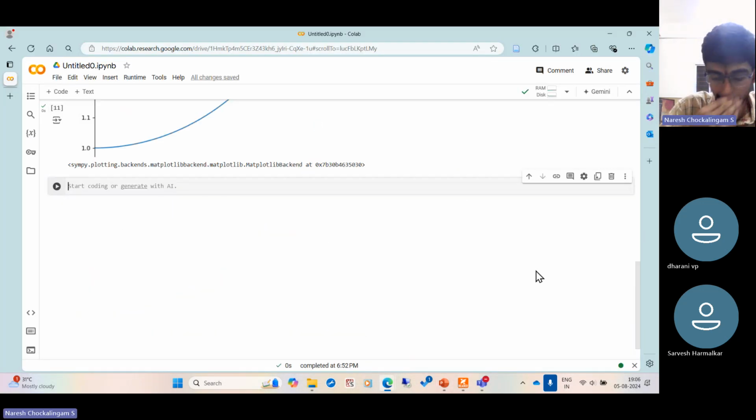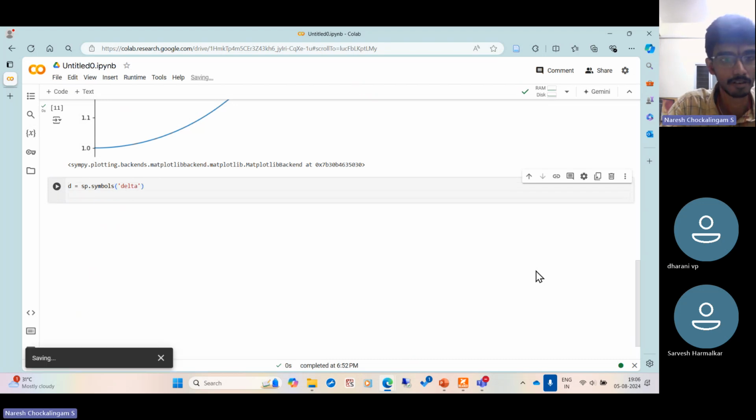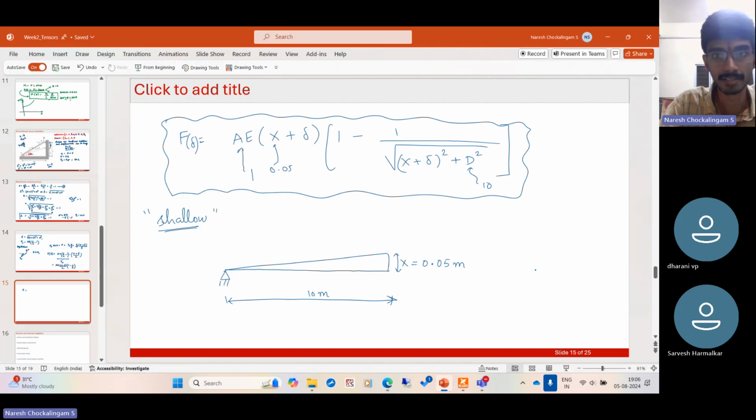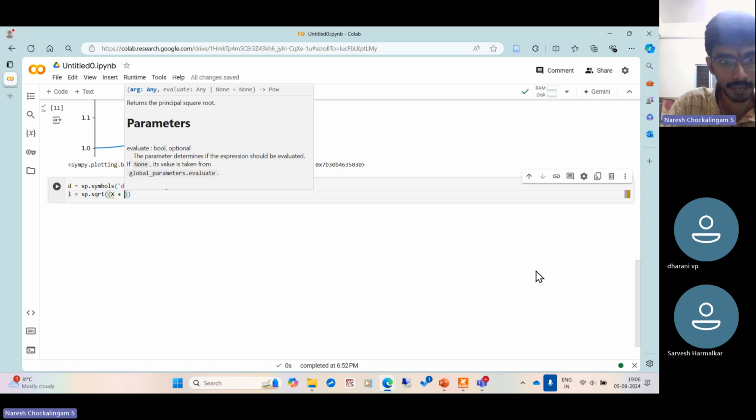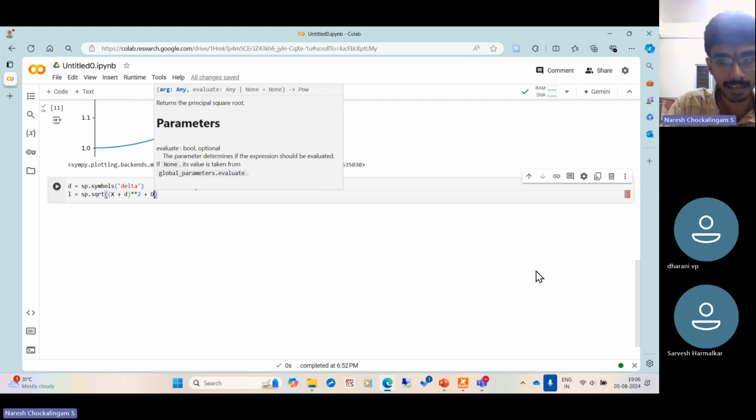Again, let me define the symbol delta as sp.symbols delta. What is our small l? Small l is the square root, sp.sqrt of (x plus delta) the whole square plus d square. In Python, the power is double star 2. Before that, I didn't define what x and D are.